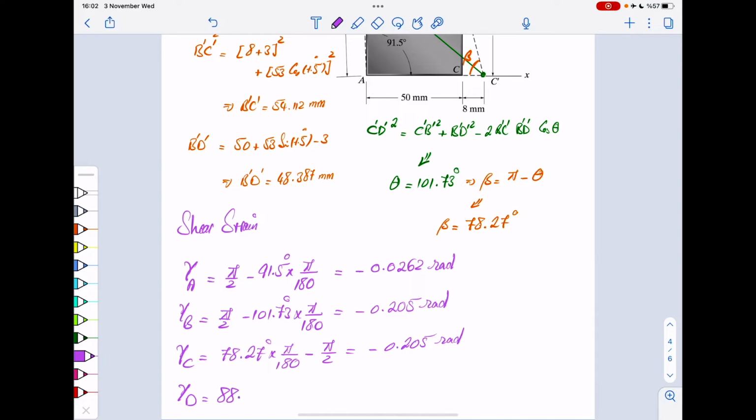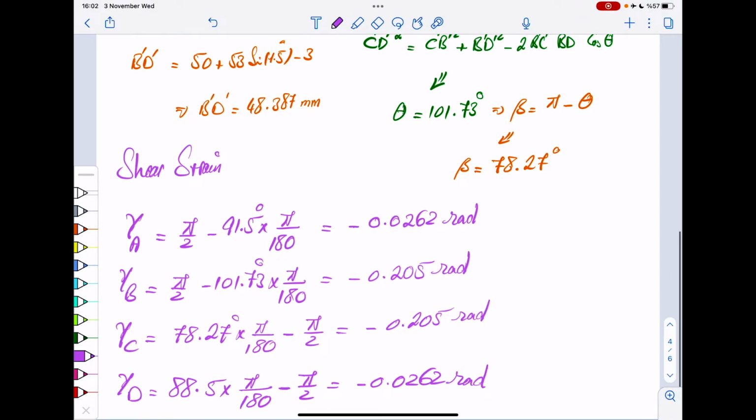So that would be 88.5 times pi over 180 minus pi over 2. And that gives me minus 0.0262 radian. All right, so these are the shear strains.